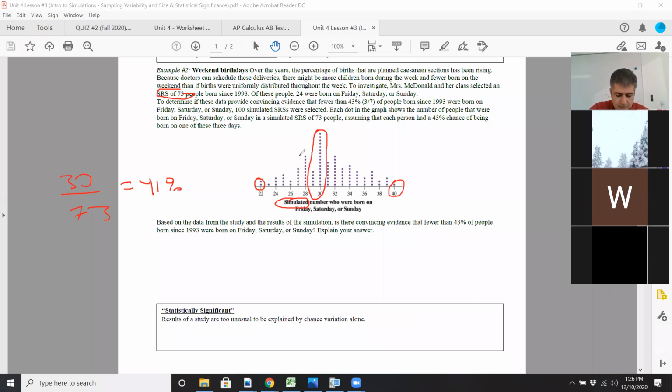And also, if we look at these people, 24 born Friday, Saturday, or Sunday, we had 3 people in that grouping right there.